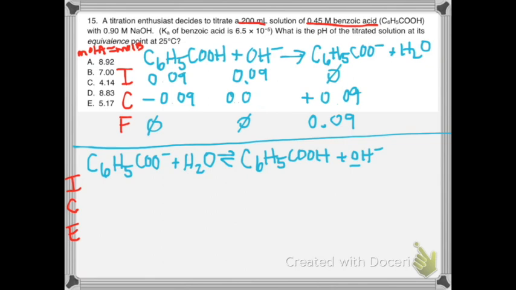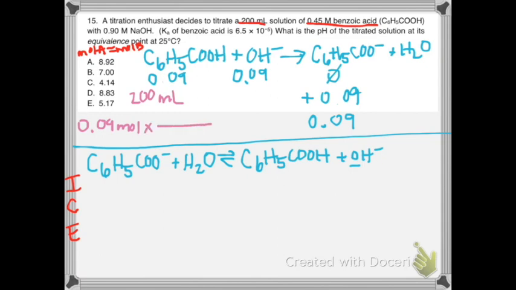Okay, so let's think about this. Because we knew the volume of the benzoic acid, right? This was 200 mils. And we know how many moles of hydroxide we need to add, but we didn't figure out the volume. So let's do that now. We know we need to add 0.09 moles.